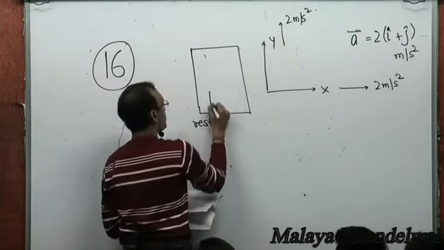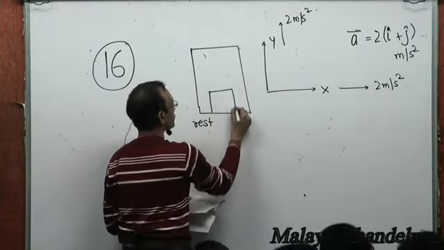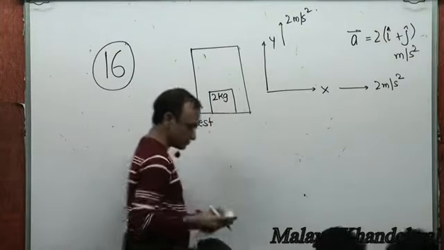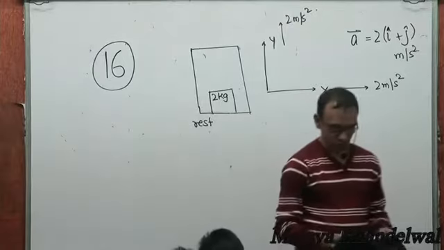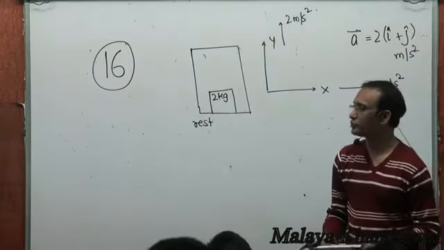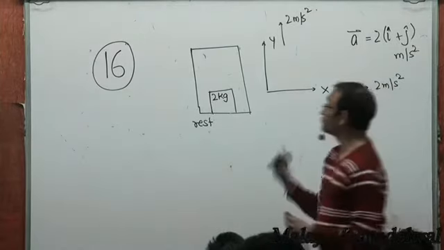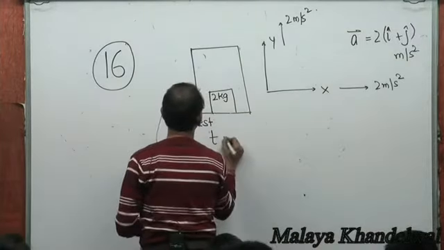There is a 2 kg block kept on the floor of the elevator. Now, this is t equal to 0.